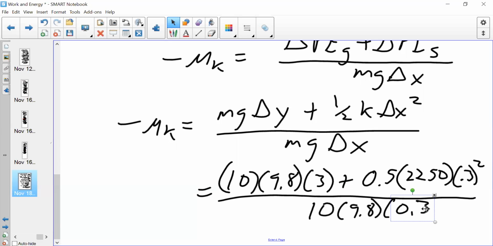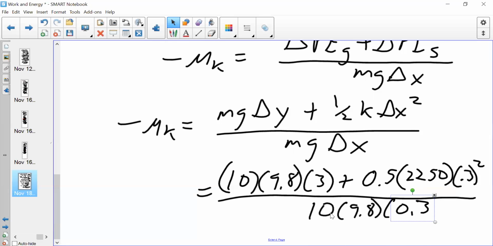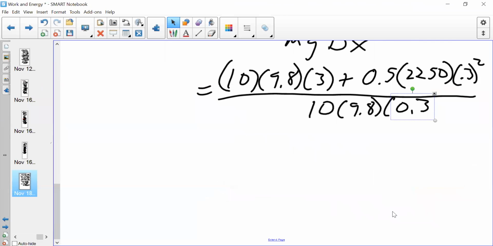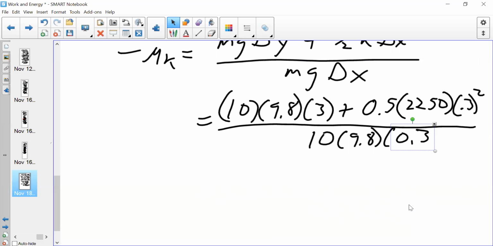Mr. Kelly, shouldn't we put the spring force, spring energy as negative, as opposing energy? Yeah, that would be actually, yeah, negative. Yeah, because friction, the whole thing's going to be negative because friction is taking energy out of the system.